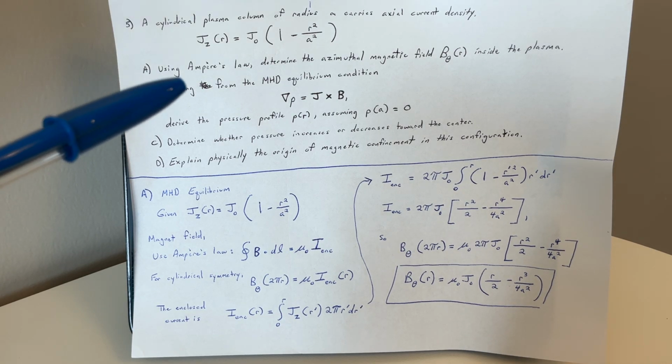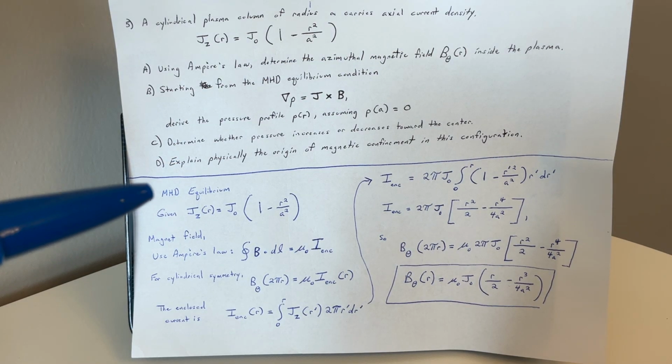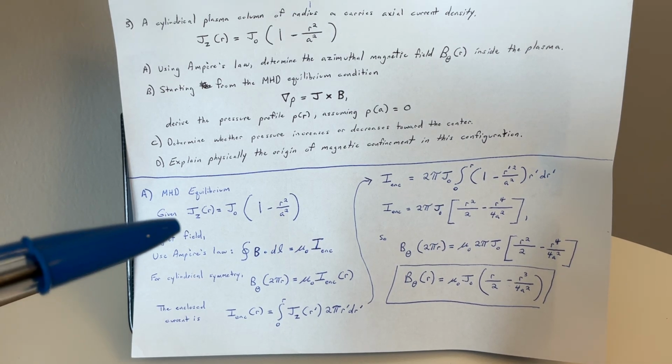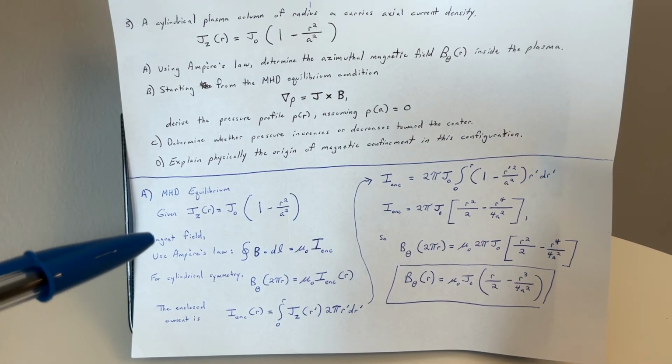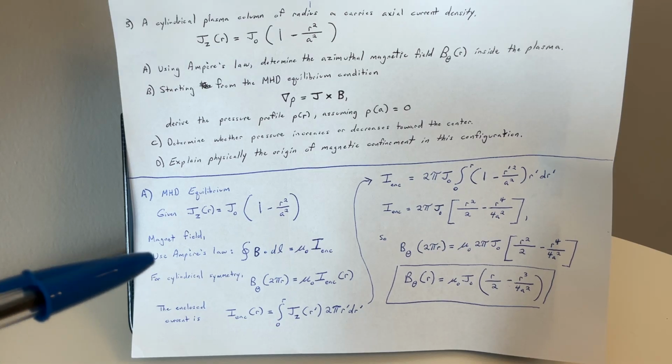Part A, using Ampere's law, determine the azimuthal magnetic field B sub theta of r inside the plasma. This is an MHD equilibrium problem. Given our J sub z of r, we're going to use Ampere's law.